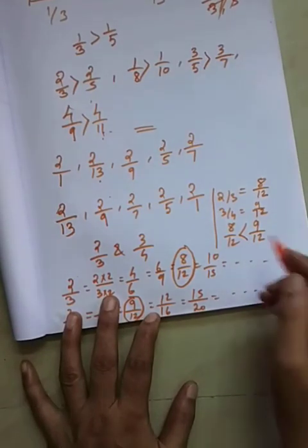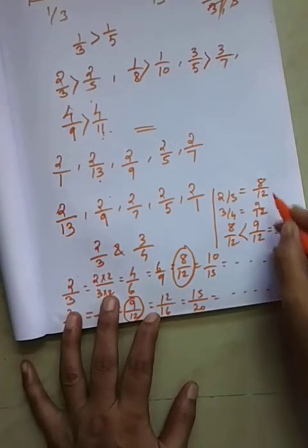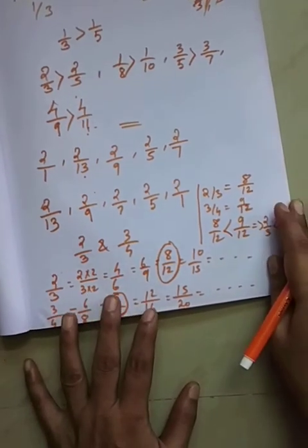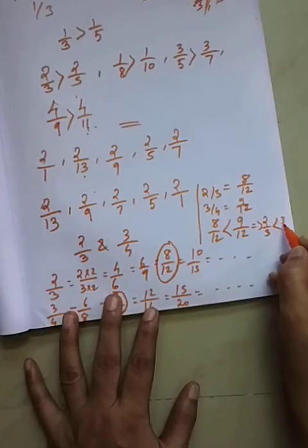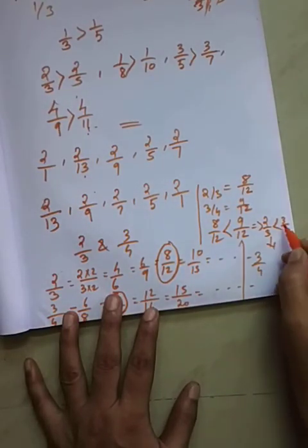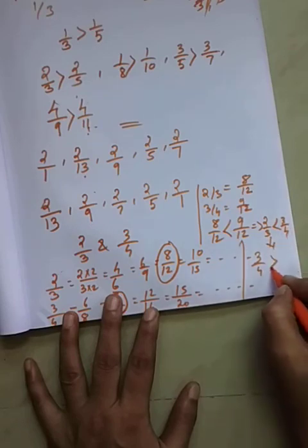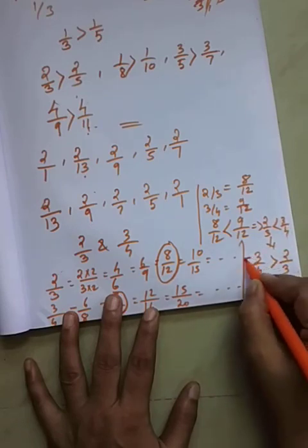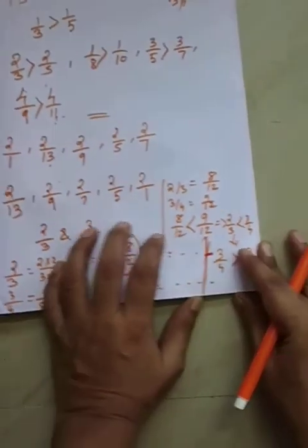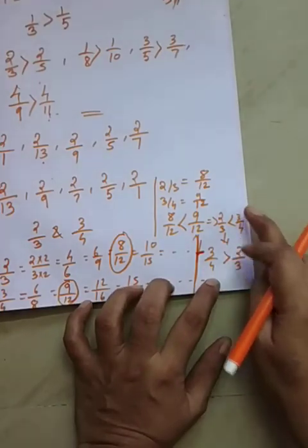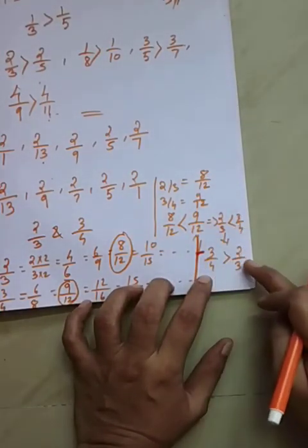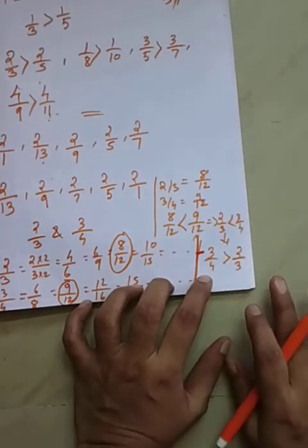Okay, that means 8 by 12 is 2 by 3, less than 9 by 12, which is 3 by 4. So 3 by 4 is the greater. Everybody clear? In this one, 2 by 3 is less than 3 by 4, or otherwise write 3 by 4 is greater than 2 by 3. Both are the same thing. Okay, everybody clear?